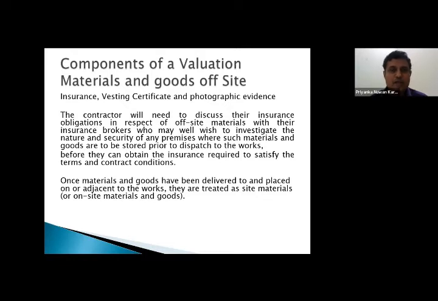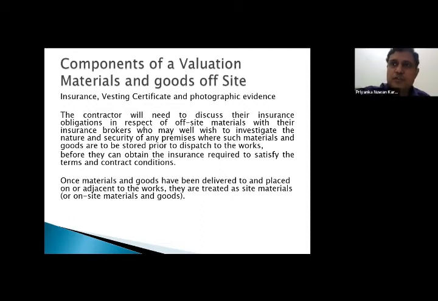But for that, he needs to have insurance from that particular place. The vesting certificate: what does it mean? Once you pay the money, you acquire that good. It is the certificate which states the ownership has been transferred. This is called the vesting certificate. So the vesting certificate has to be produced, and photographic evidence needs to be also given.